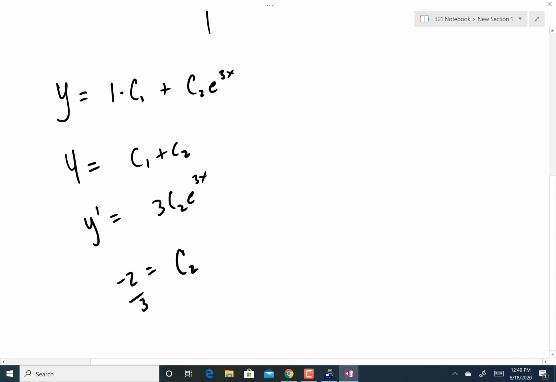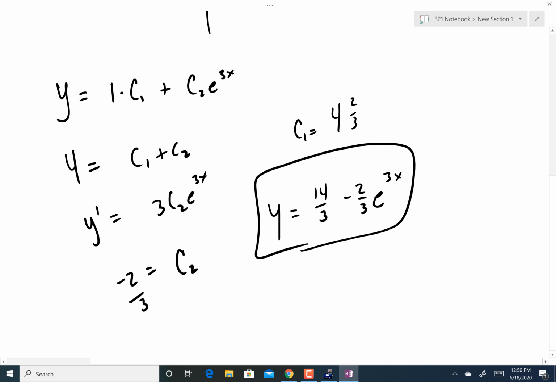So there you go. So that's your c2. Plug it in up here, you're going to get 4 2/3, I guess. So c1 is 4 2/3, which is 14/3. So you're going to get 14/3 minus 2/3 e to the 3x. And you are done, my friend.